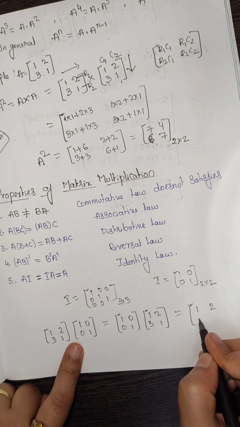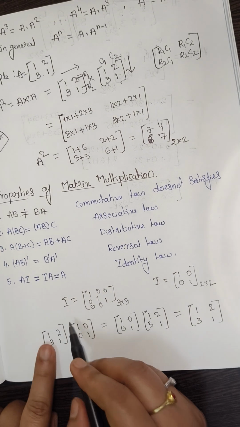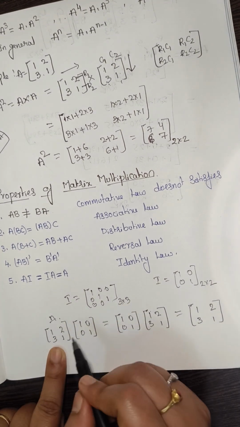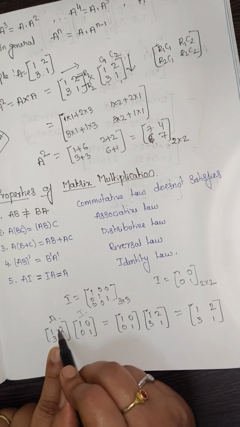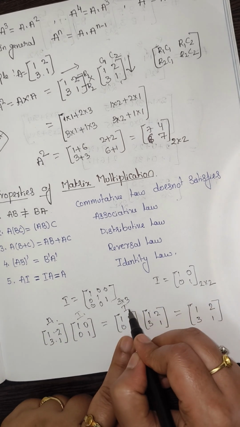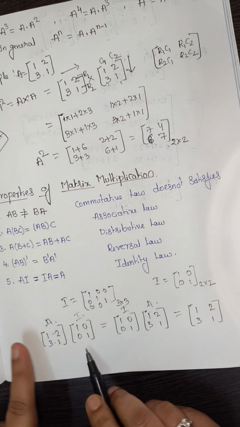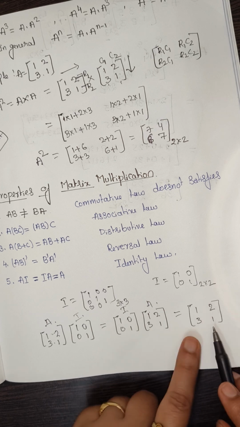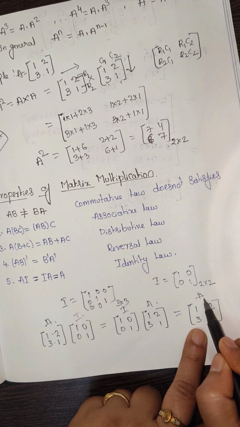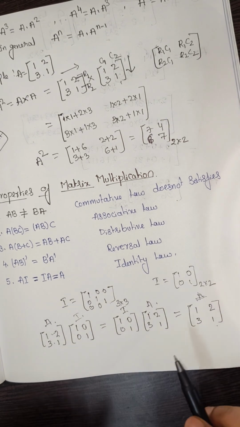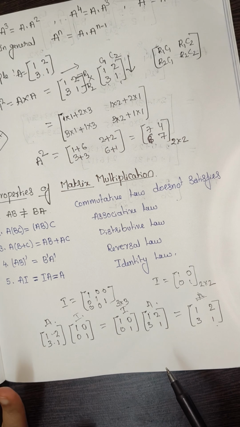You will get the same answer in both cases, whether the first matrix is A and the second is I, or the first is I and the second is A. In both cases the resultant answer is A only. Hope all of you understood this.